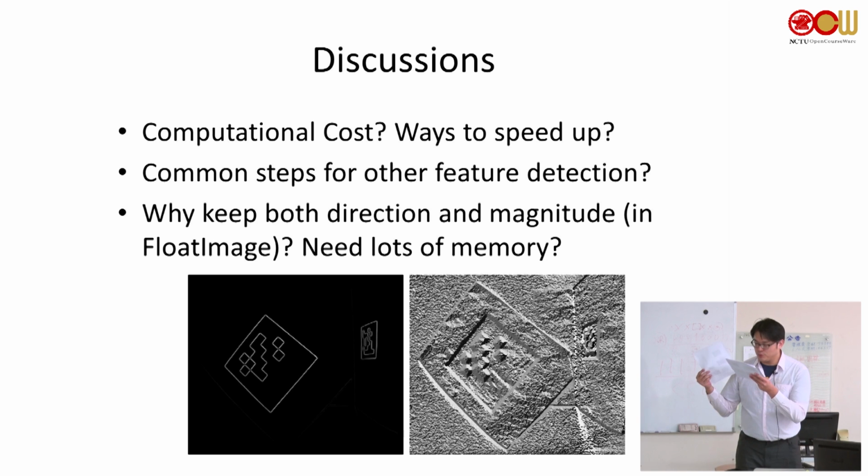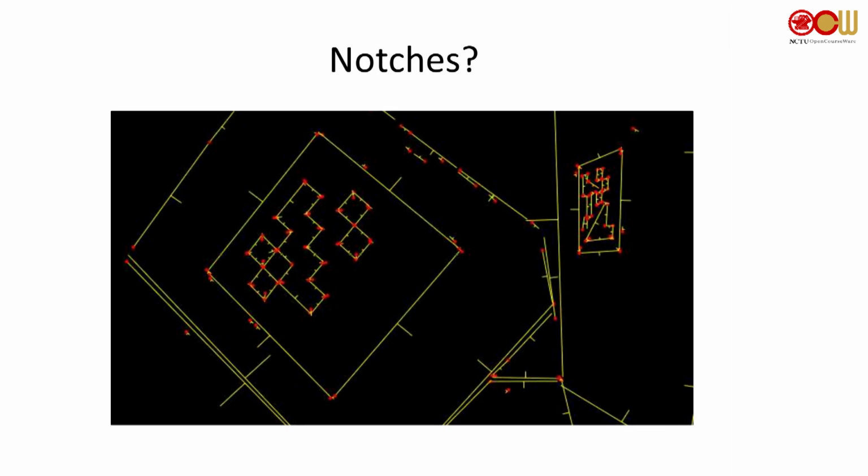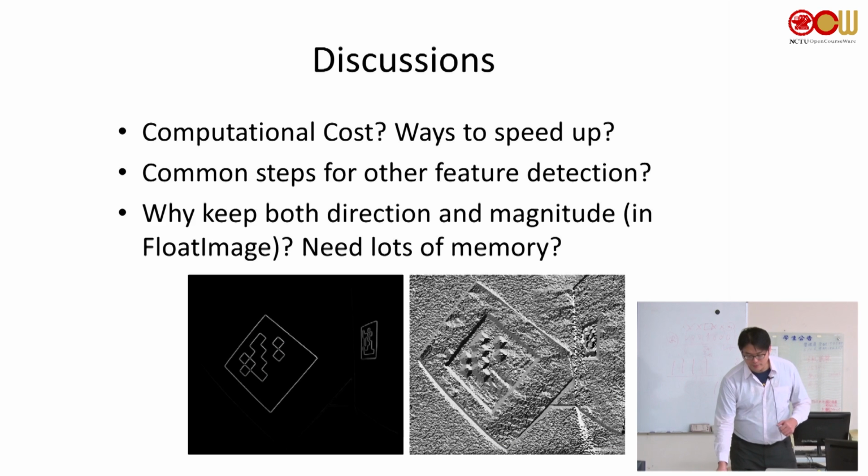If you jump to step 6, there is a figure with notches. You can actually see some very small line segments there, here and here. The AprilTag algorithm intentionally keeps the direction so that in the later step, it could help with the chaining of the segments.